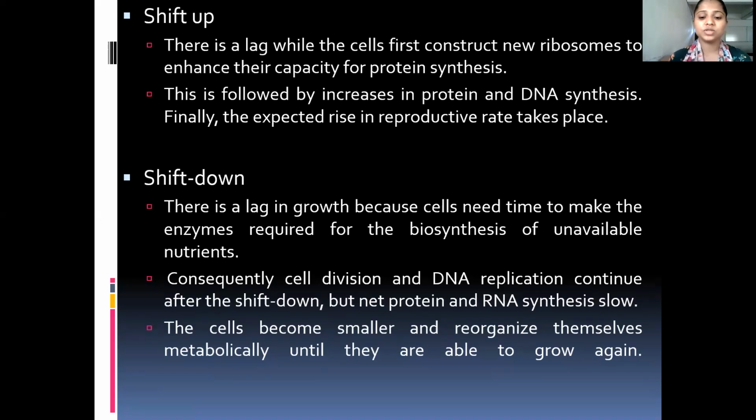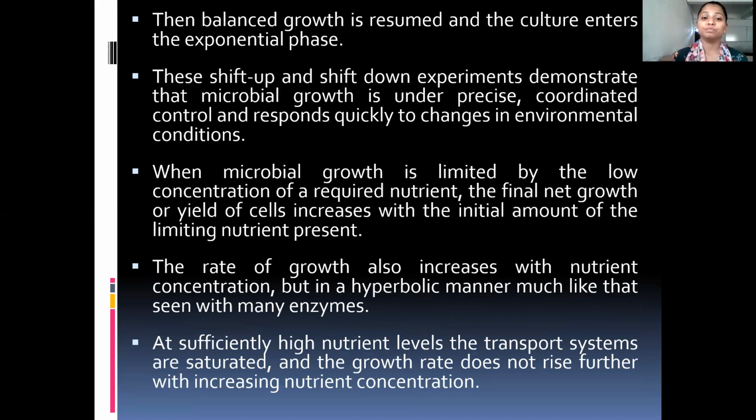The cells become smaller and reorganize themselves metabolically until they are able to grow again. Then balanced growth is resumed and the culture enters the exponential phase. This shift up and shift down experiment demonstrates that microbial growth is under precise, coordinated control and responds quickly to changes in the environmental conditions.